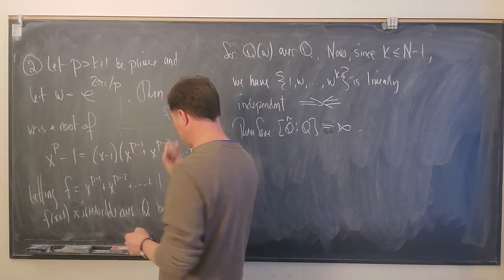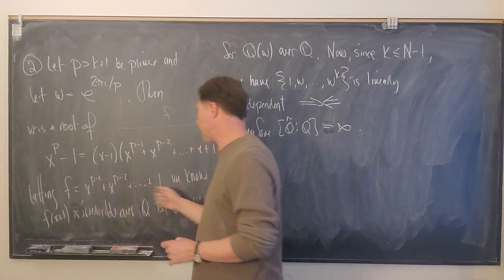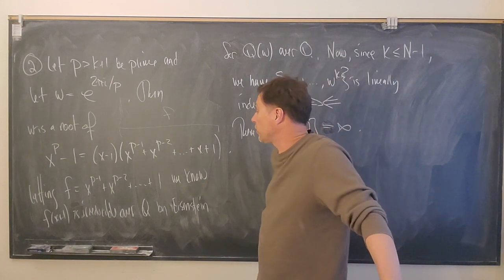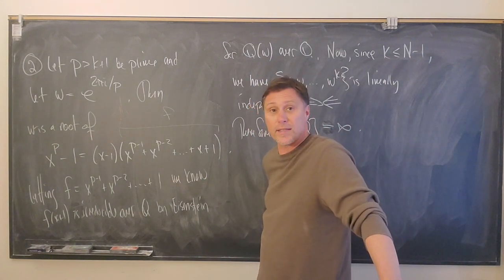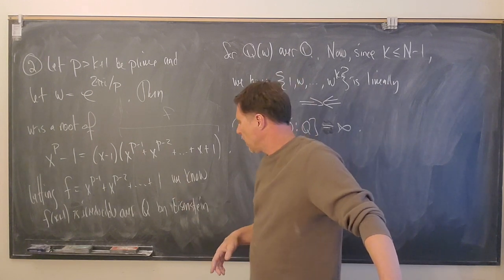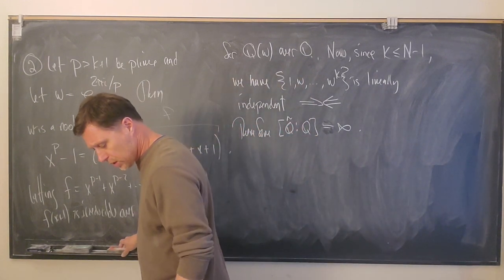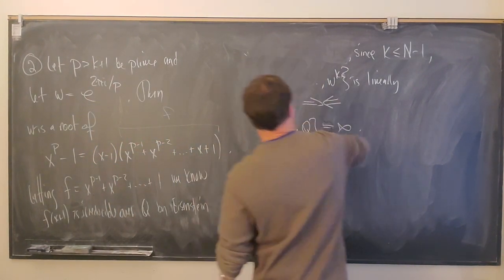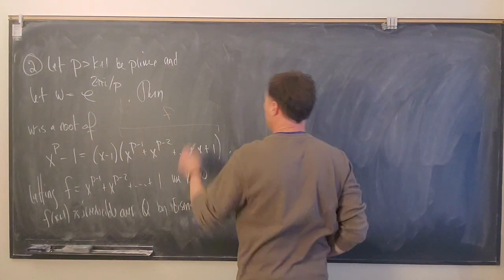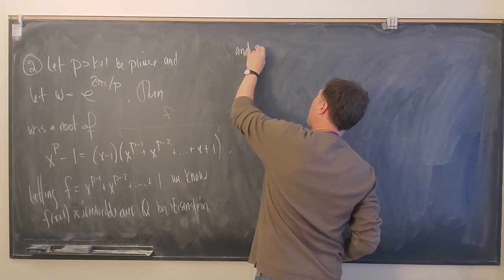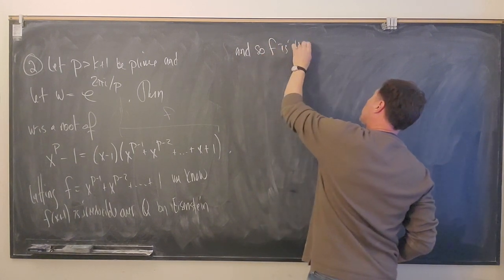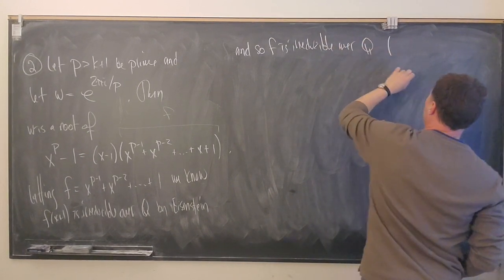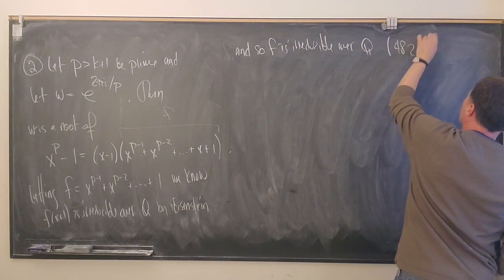If you substitute x plus 1 for x here, you're going to get a polynomial that has a bunch of p's in it, and so you can apply Eisenstein to it to show that it's irreducible. And if you know that f of x plus 1 is irreducible, then you know that f of x is irreducible. And so f is irreducible over Q. This is a 482 homework.